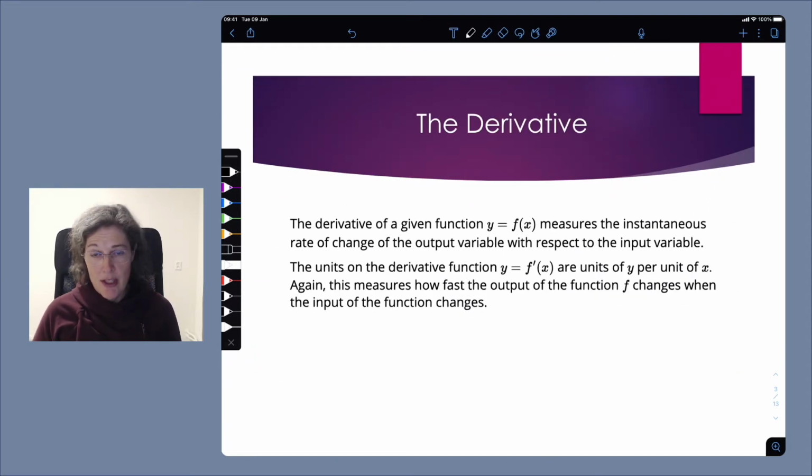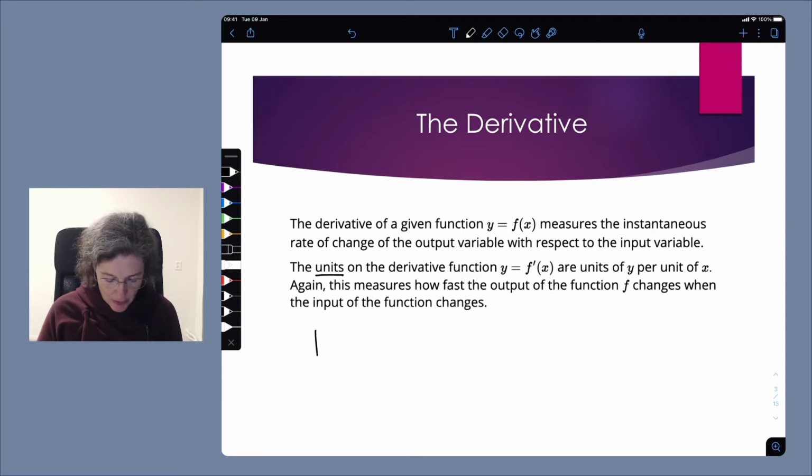Okay, so just summarizing what we've got here, the derivative of a given function measures the instantaneous rate of change of the output variable, so that's our y value, with respect to the input variable. Important, when we're actually doing applied stuff, is the units on the derivative are the units of y per unit x.